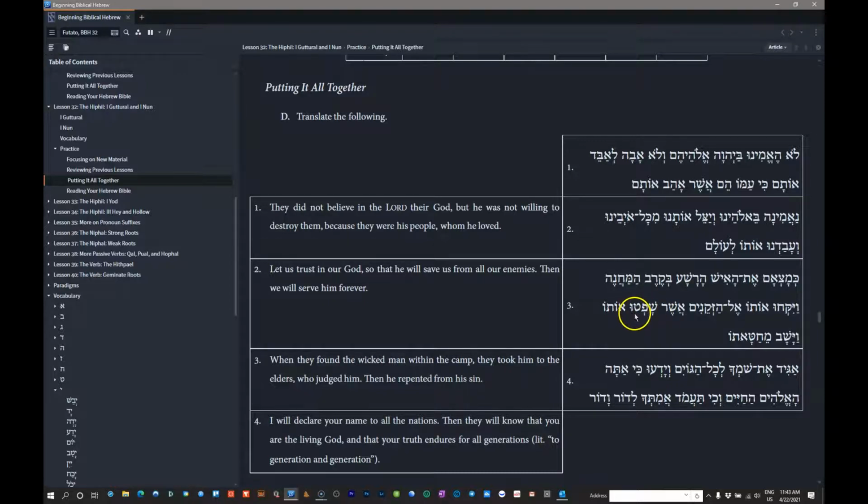shaftu here, this is going to be a perfect 3CP of shafat, so they judged, the elders who judged him.